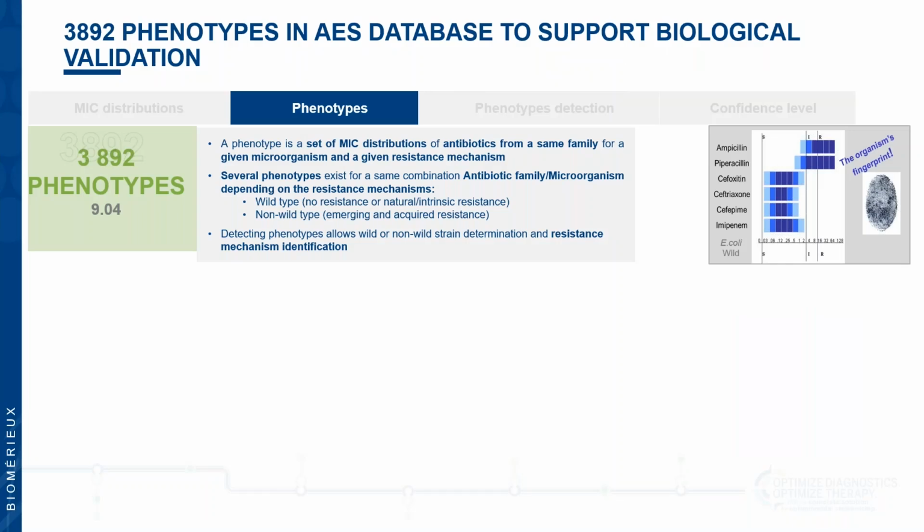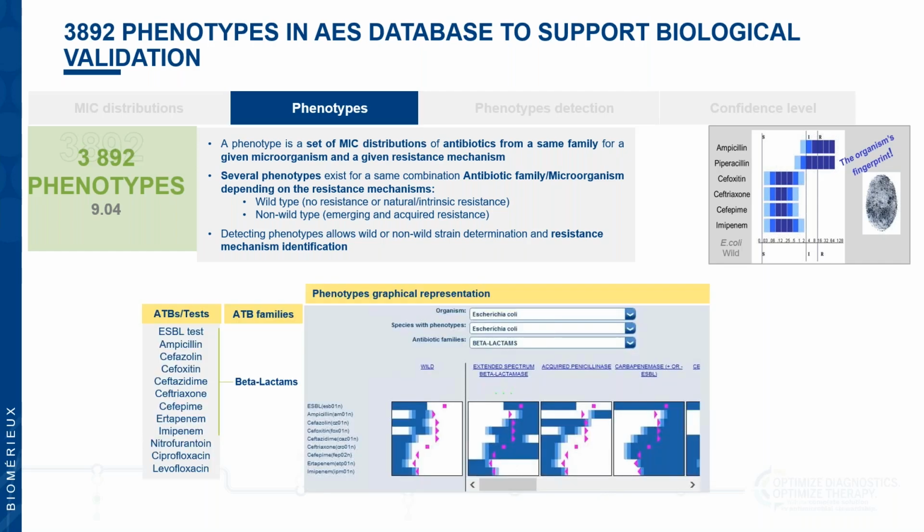Several phenotypes exist for the same combination of antibiotic family and microorganism depending on the resistance mechanisms. The wild type, which may have no natural resistance or no acquired resistance, and then the non-wild type, which will acquire those emerging and acquired resistance.